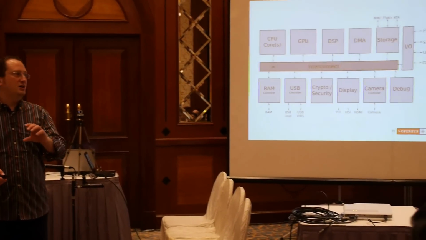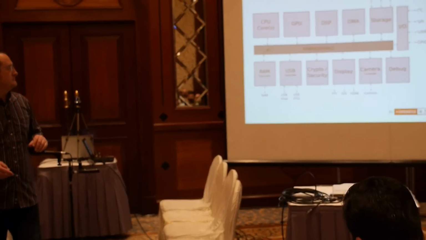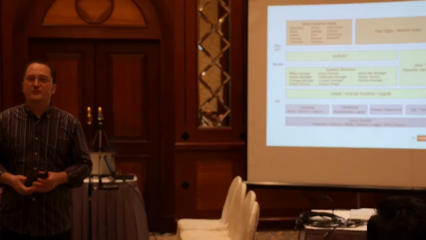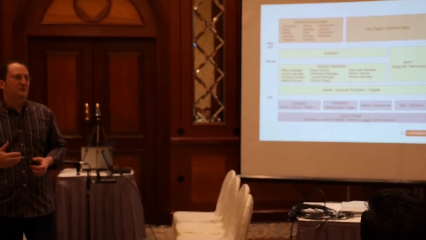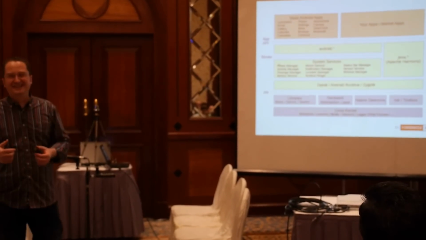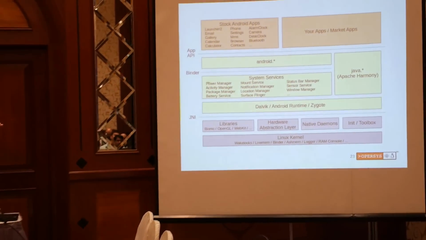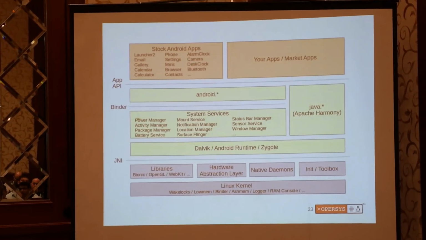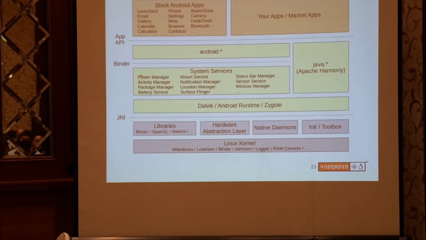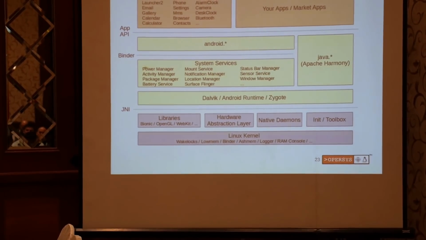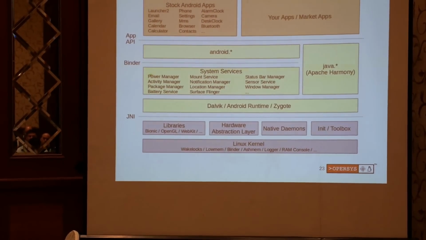The GPU may be different from one ARM SoC to the next, and so on and so forth. And this is the slide where I want to spend some time and actually slow down the pace. All right. So anything you know about Linux has changed in Android. All right. So anything north of the kernel is completely different.